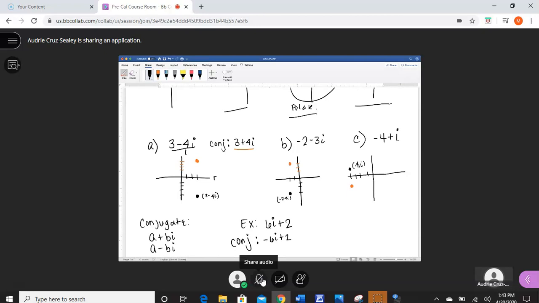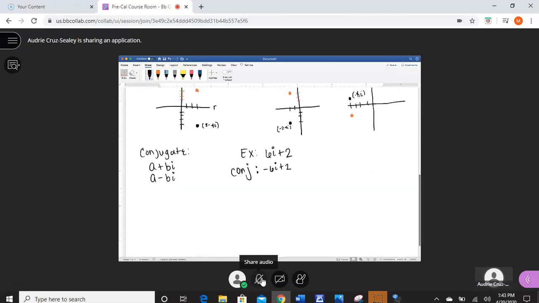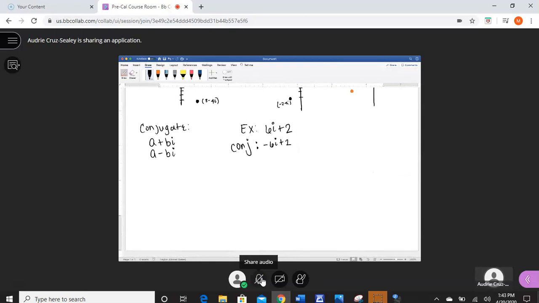We're okay? Okay, the next thing that we're going to talk about is being able to find the absolute value of imaginary numbers. You know how to find the absolute value of real ones. What's the absolute value of -6? 6, because absolute value changes everything to be positive. So now we're going to learn how to take the absolute value of imaginary numbers.